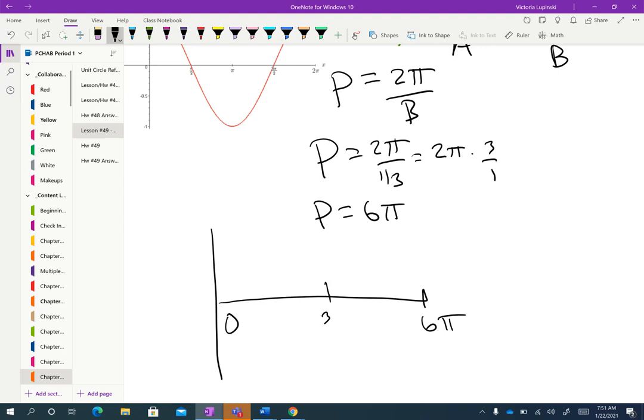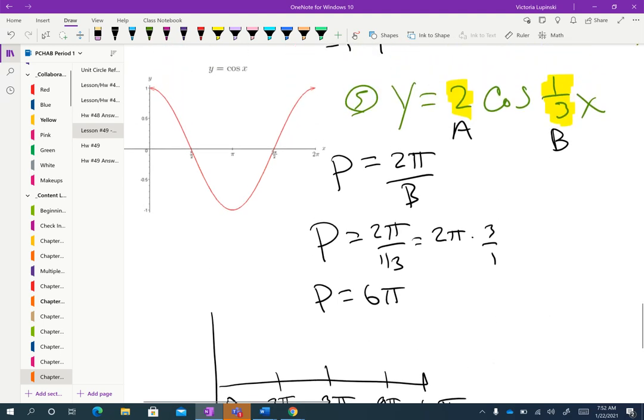Halfway between 0 and 6 pi would be 3 pi. 0 plus 3 pi divided by 2 is 3 pi over 2. 3 pi plus 6 pi is 9 pi, half of which would be 9 pi over 2. Or remember, instead, you can just count in 3 pi over 2s. Whatever you need to do to get those 5 key points, that's really the goal here.